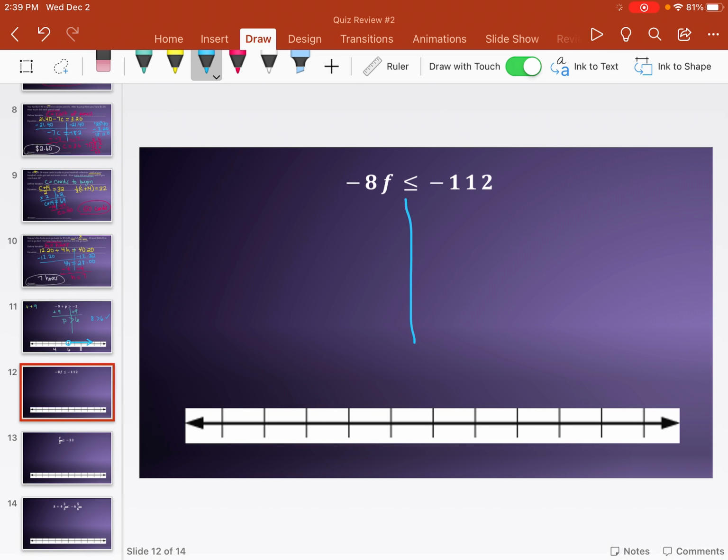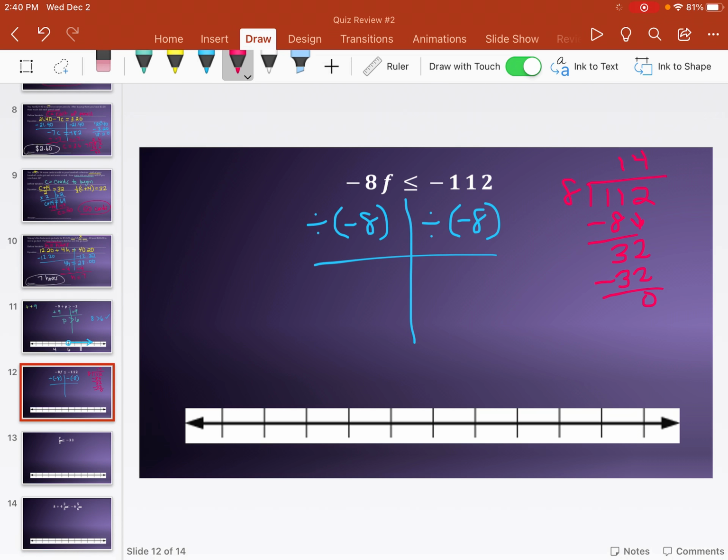All right, next one. So it's multiplying by -8. I'm going to divide by -8. So I have 8 going into 112, goes into 11 one time, 3 left over, bring down my 2, goes into 32 4 times. So it looks like I'm getting 14.